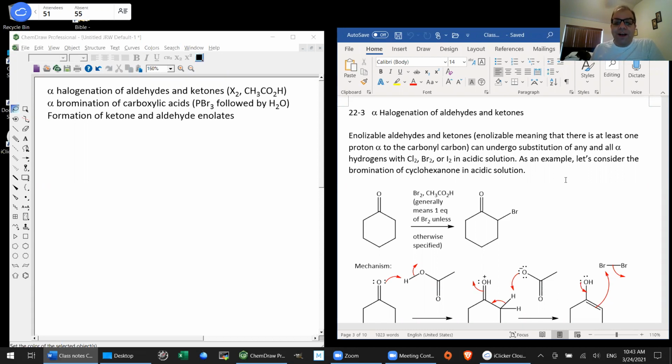So now it's time for us to get into some of the reactions that these species can undergo. One very standard one that occurs in acidic solution, although it can be done in alkaline solution too, involves enolizable aldehydes and ketones, meaning that they have at least one alpha proton, and their treatment in acetic acid with a halogen: chlorine, bromine, or iodine.